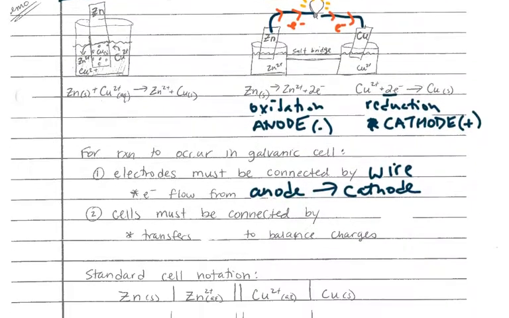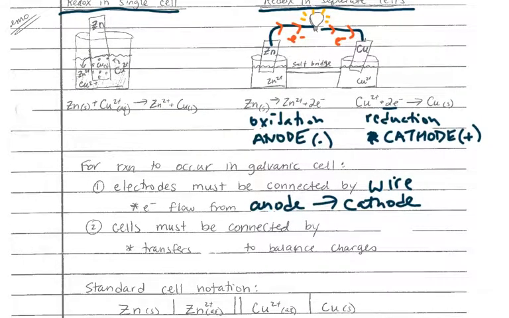So the other thing that's important is that you have this thing here, the salt bridge. The two cells must be connected by a salt bridge, and this is to allow ions to flow between the two containers to balance charges, because on the oxidation side, the zinc is basically dissolving, the solid zinc is dissolving into solution and producing a buildup of zinc ions and of positive charge.